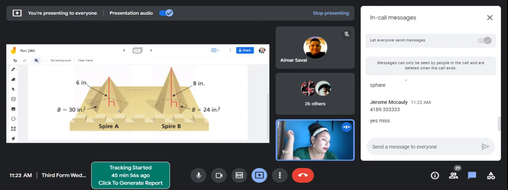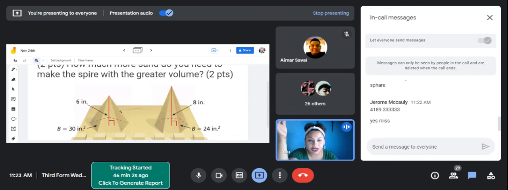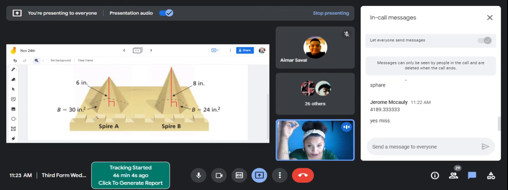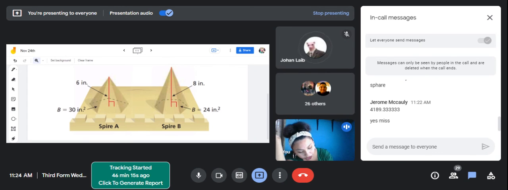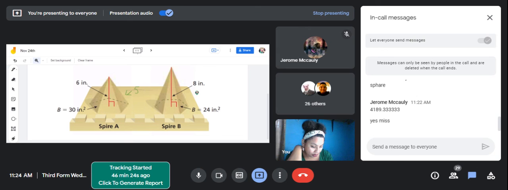This is the last question in the worksheet, and it talks about the volume of these pyramids. What kind of pyramid is A? Take a look at it. Pentagonal pyramid, very good, because this one has five sides. What about the other one? Hexagonal, because it has six sides.